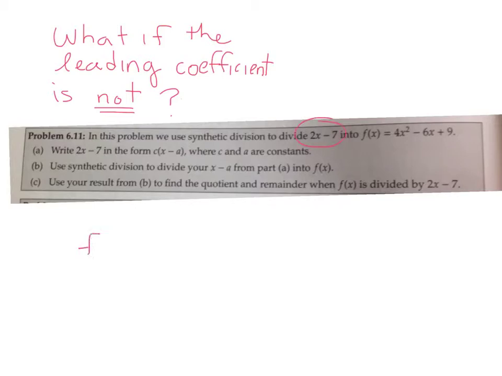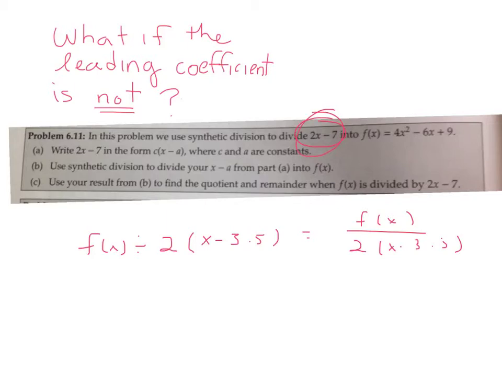If we think about f of x being divided by 2x minus 7, you could think of it as being divided by 2 times x minus 3.5, which equals f of x over 2 times x minus 3.5.